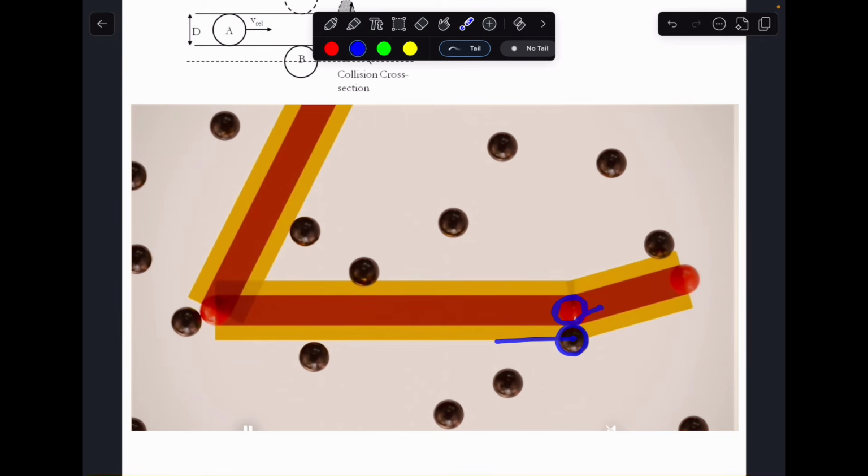As a result, again the direction is changed. After reaching this, it has one more surrounding molecule, but its center is lying outside. So like this, the collision cylinder is created by the gas molecule when it is moving through space. So this is about a collision cylinder.